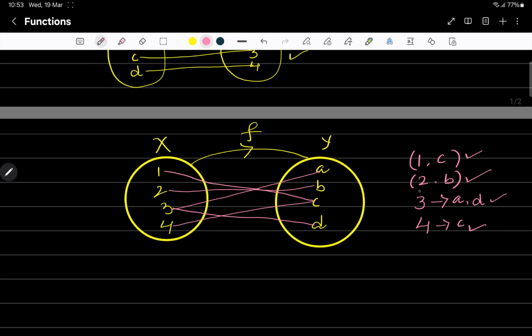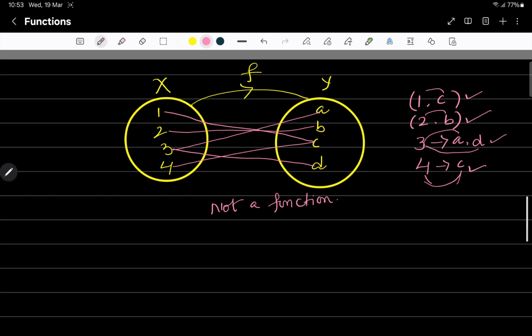Function defines every input takes only one output. See, 1 takes only one output C, 2 takes only one output B, 4 takes only one output C, but 3 takes two outputs. That's why this is not a function.